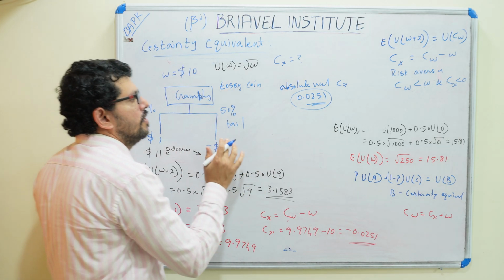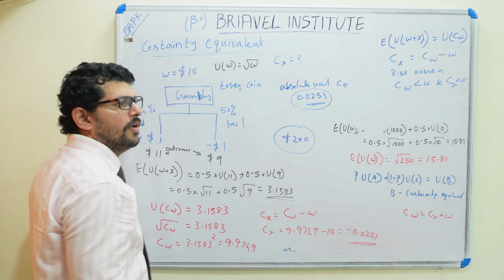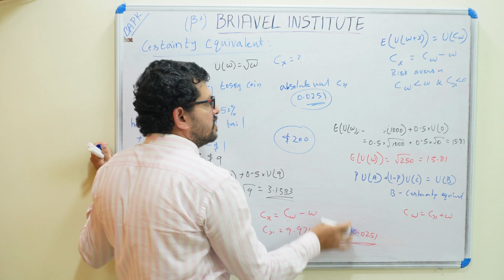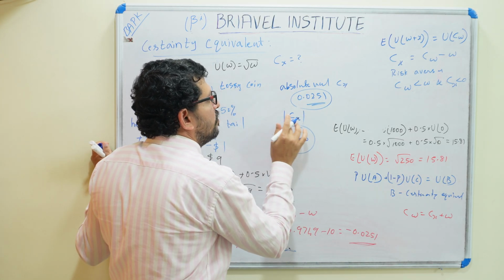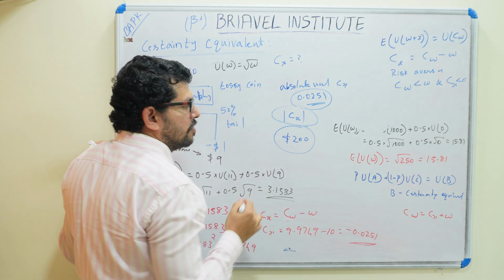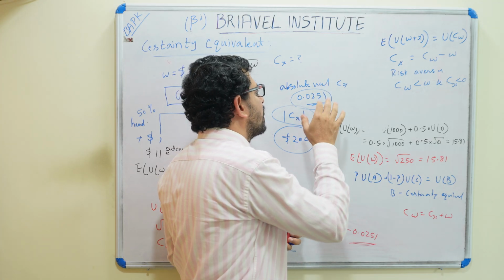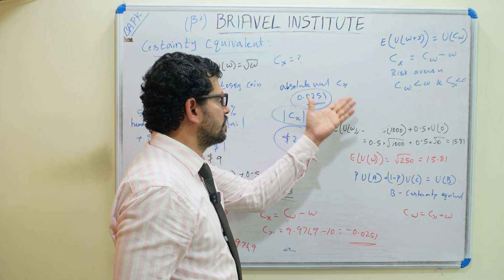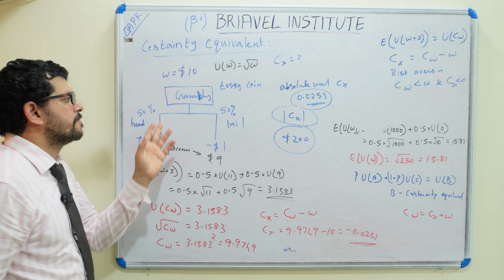We have seen previously the $200, which was the cost of avoiding the risk. In the same way, we find the CS: the absolute value of CS, 0.0251, will be the cost of avoiding the risk. So we found CS through the gambling.